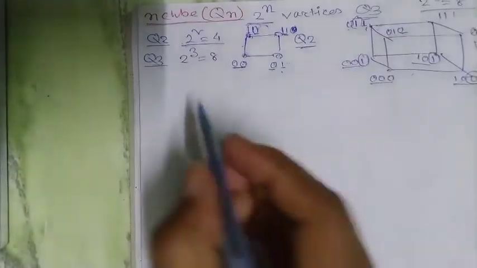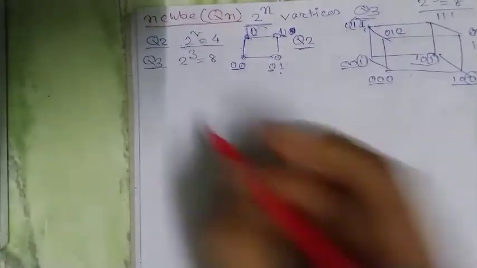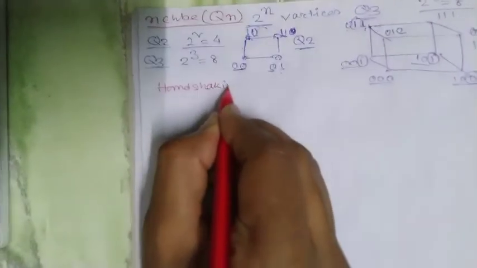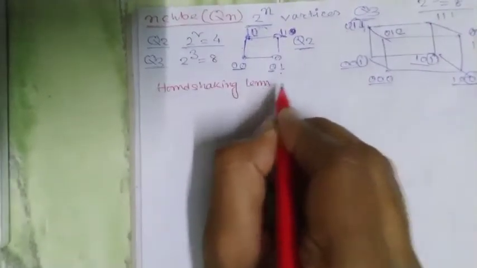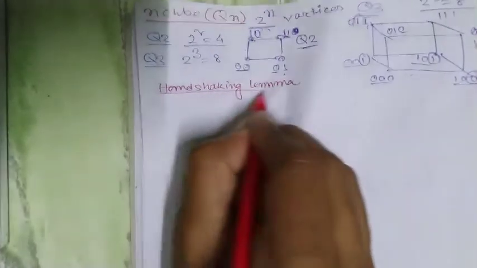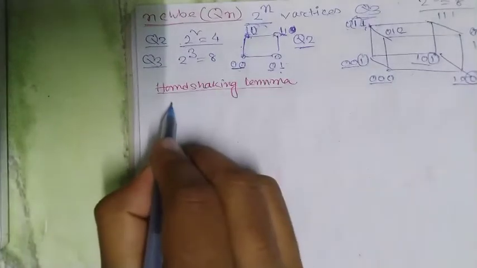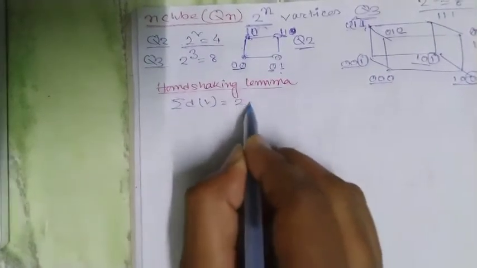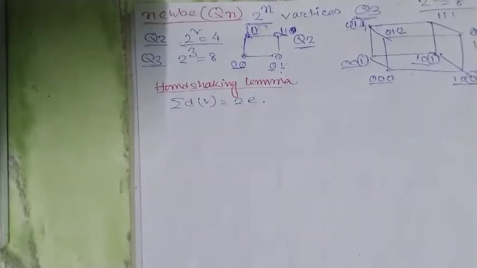So before drawing the table, we must know one property of graph theory, that is known as the handshaking lemma, okay. You have to know this before doing that. It states that the summation of degrees of vertices is 2 times the number of edges.